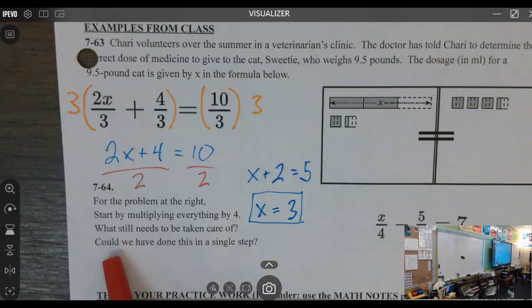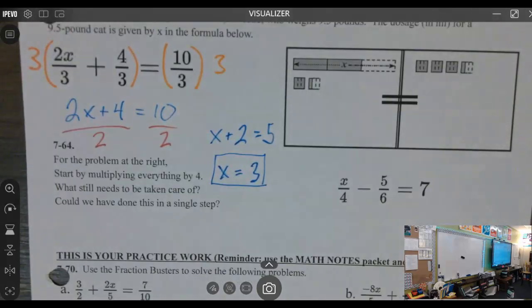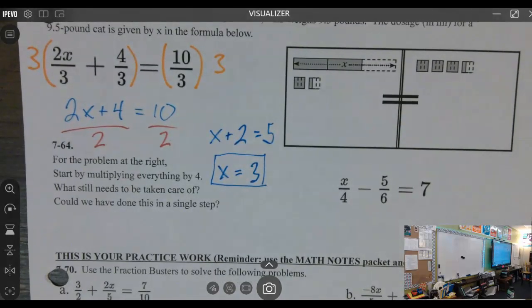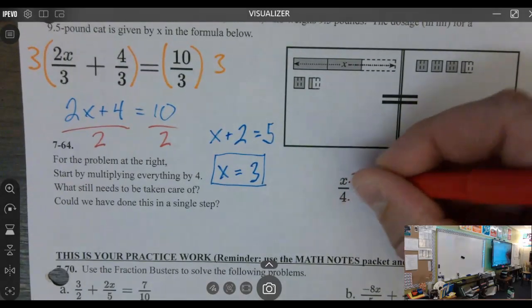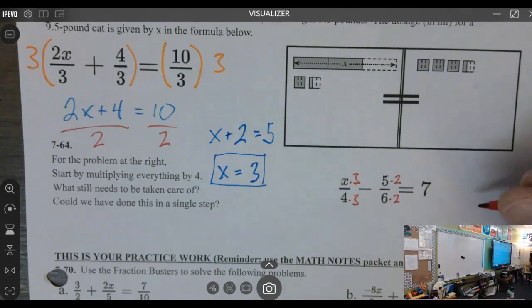All right, in 64, I want to go the long way. Madeline, what could 4 and 6 both get to as a common denominator? 12. Now, how many of you thought 24? It's okay if you did. So did I at first. To get to 12, you don't have to take the long way, but I am.